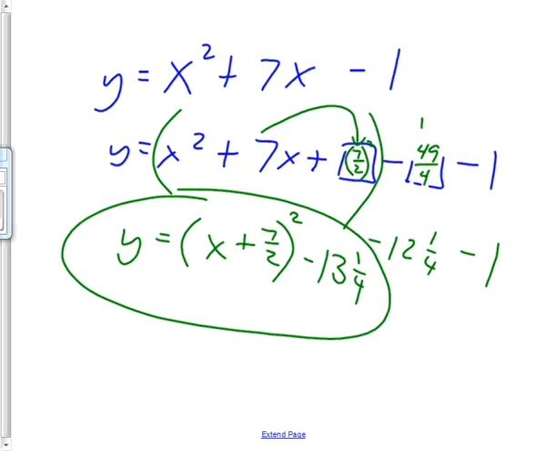All right. So I'm going to do the first couple off your worksheet with you. Here it is.